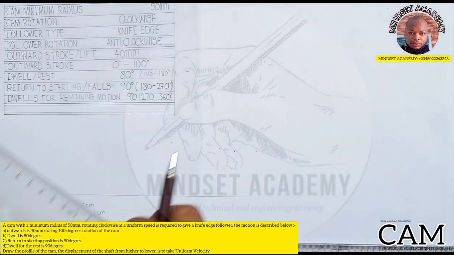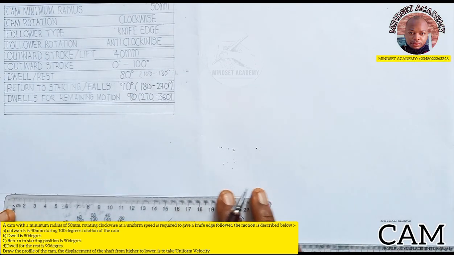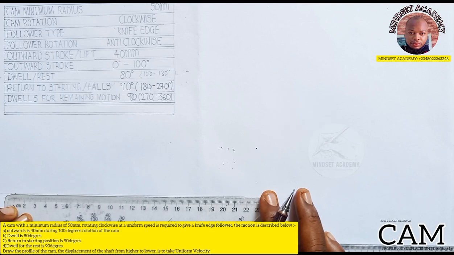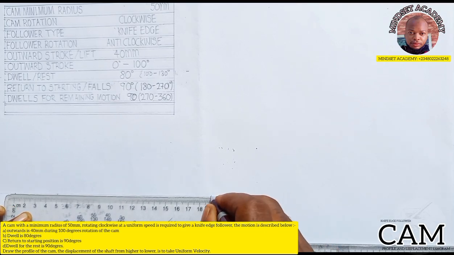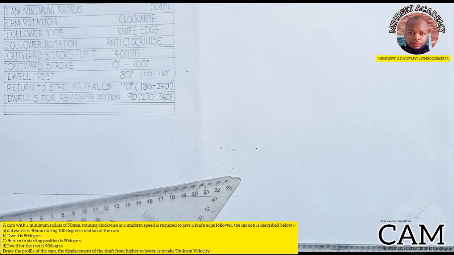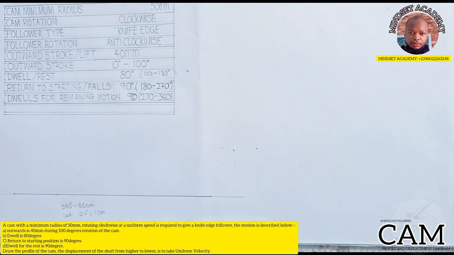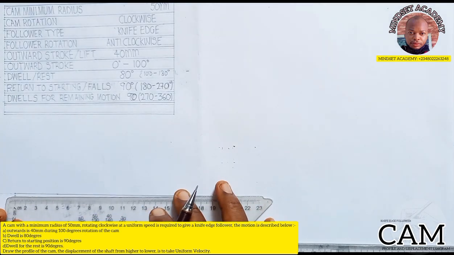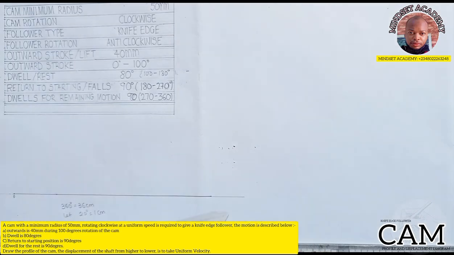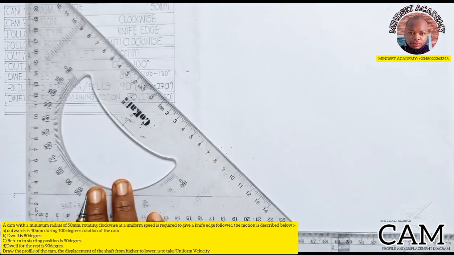So let's do that and see. If I take this way, from 1 to 19 is 18, right? This is where I'm going to stop. So this will be 0 here. Once I've done that, I can easily start measuring it out. So I'll take it out this way.